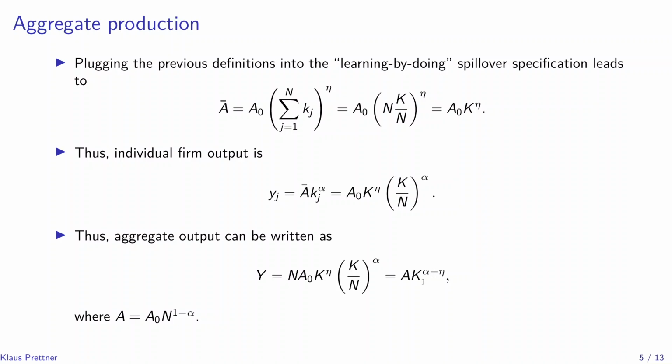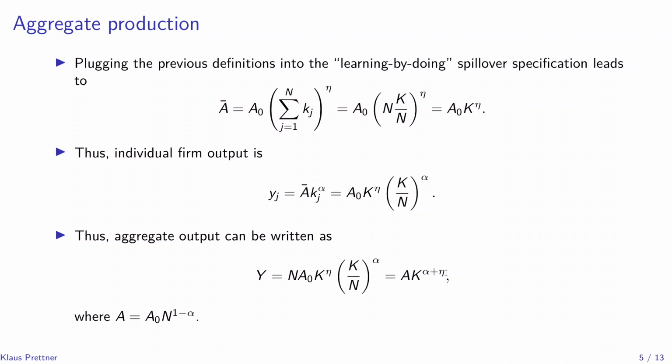Now we already see the crucial effects. So these learning by doing spillovers led to a situation where aggregate output is then a function of capital, but not only to the power of alpha, coming from the Cobb-Douglas production function and reflecting the diminishing marginal product of physical capital, but now including eta, the strength of the learning by doing spillovers.